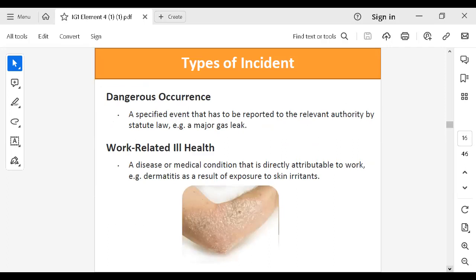And work-related ill health is a disease or medical condition that is directly attributable to work, for example, dermatitis as a result of exposure to skin irritants. So if, during the work, the workers have ill health that is directly attributable to the work.